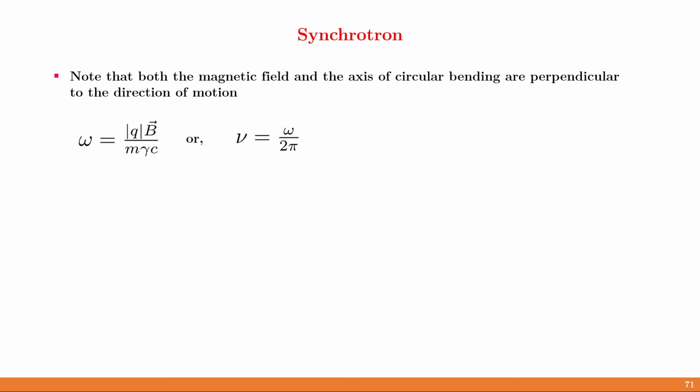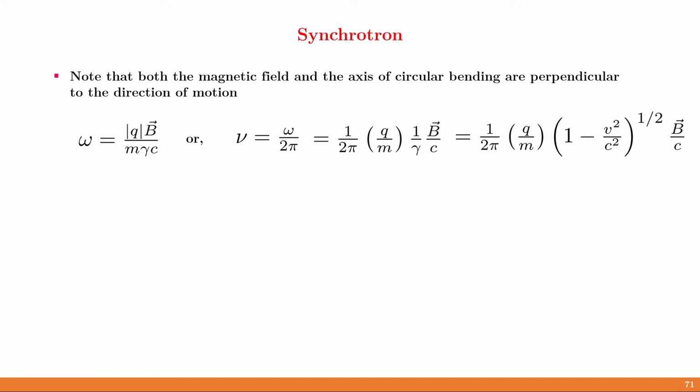Or the frequency nu is given by omega over 2 pi, which is equal to 1 by 2 pi q by m times 1 by gamma times B by c. When we expand the Lorentz factor, this is equal to 1 by 2 pi q by m times 1 minus v square by c square to the power of half times B over c.